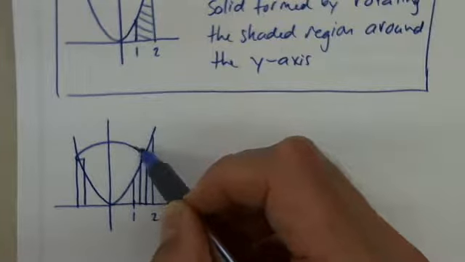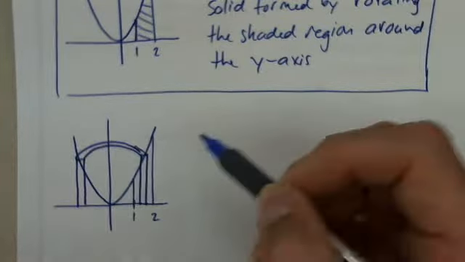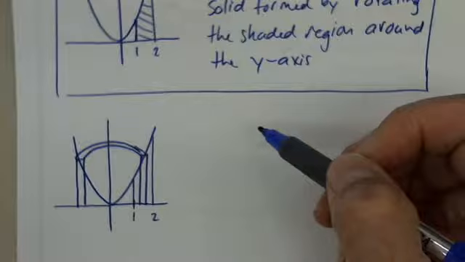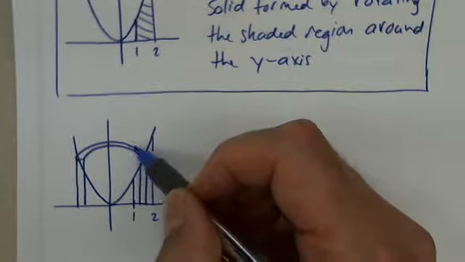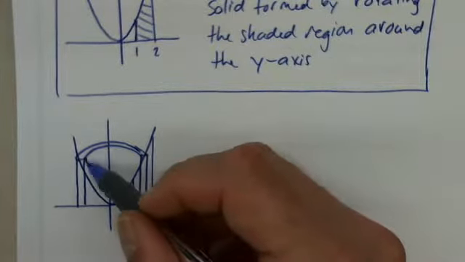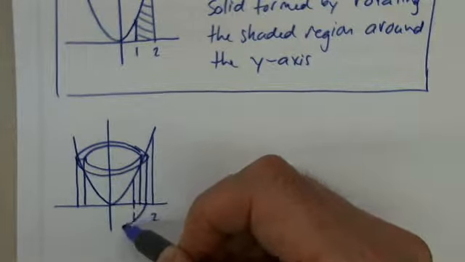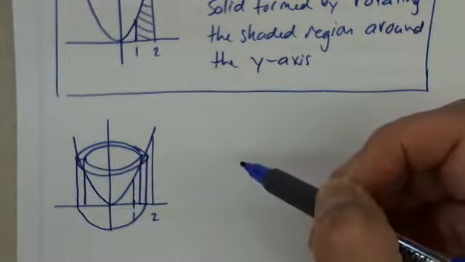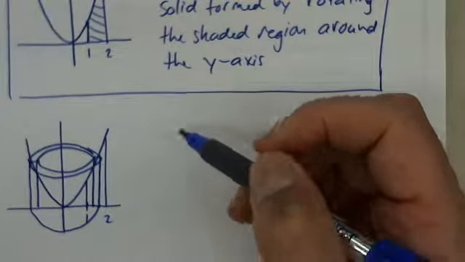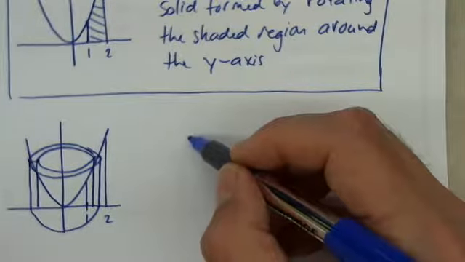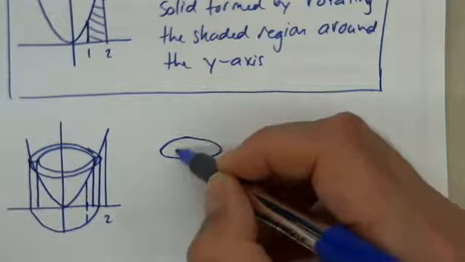This rectangle is rotated around, and if it rotates, it makes a cylinder. So maybe it's easier to see here.